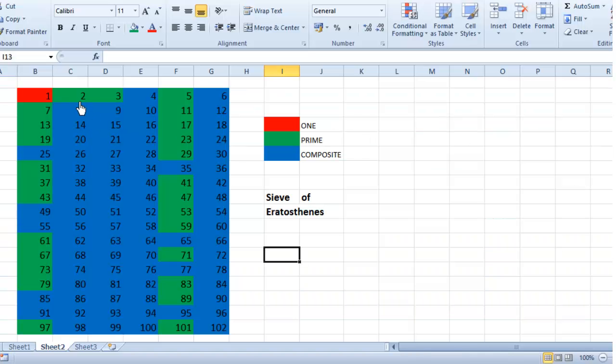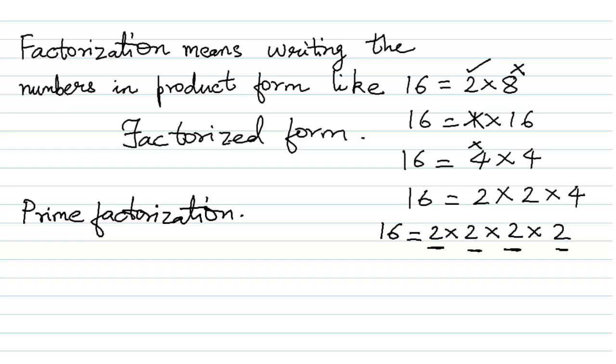So remember, all the numbers like 2, 3, 5, 7, 11, 13, 17, 19, 23, 29, and there are infinite prime numbers, of course, but using only prime numbers to write them in a multiplication form, in a product form, is called prime factorization.